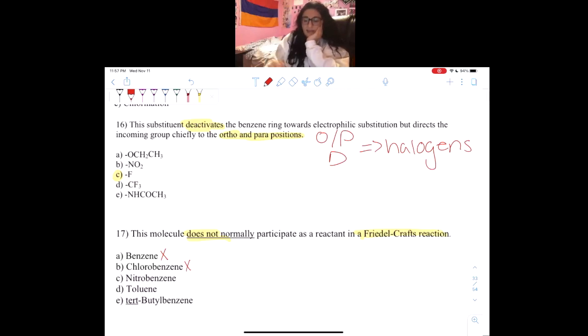Nitrobenzene, yeah, that's a strong deactivator. That's a good choice. Toluene, that's just methylbenzene. That's an activator. Tert-butylbenzene, that's another R group. That is also an activator. So in this case, C, nitrobenzene, will not react in a Friedel-Crafts reaction.